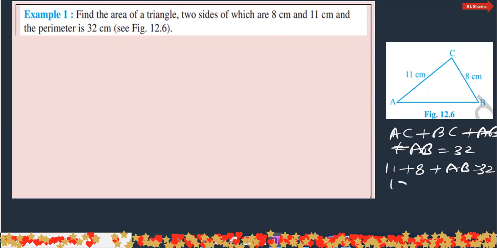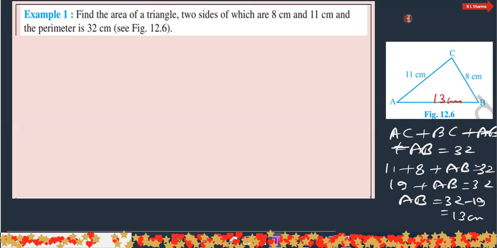Then 19 plus AB is equal to 32. So what is AB? That is 32 minus 19, that is 13 centimeter. So here we can write the third side is 13 सेंटीमीटर.